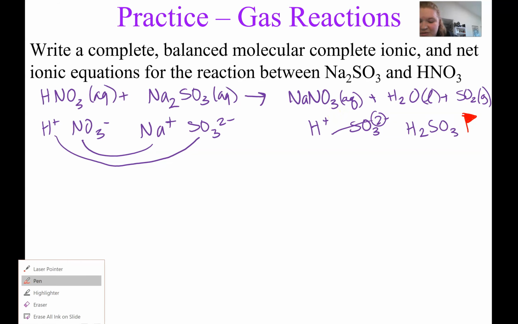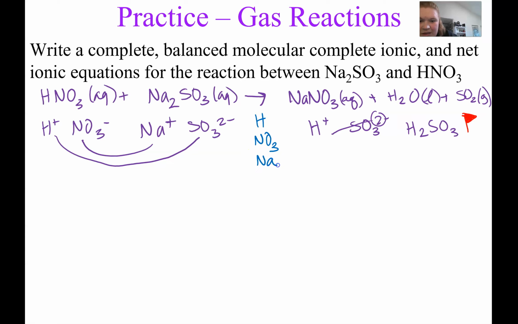So the last thing to do is to balance it out. So we have H, NO3, Na, and SO3. On the left-hand side, 1, 1, 2, 1. On the right-hand side, 1 sodium, 1 nitrate. Now the water, we have to leave it as H2O. We can't think of it as an H and a hydroxide because there aren't any hydroxides on the reactant side.